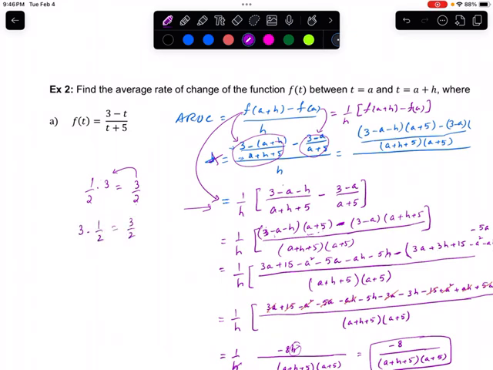So you can have 3 separate and then times 1 over 2. That's what I did. We had a fraction here, and we have this numerator and this denominator, so I can write 1 over h times the numerator. That's what I did here, and then I expanded from there.